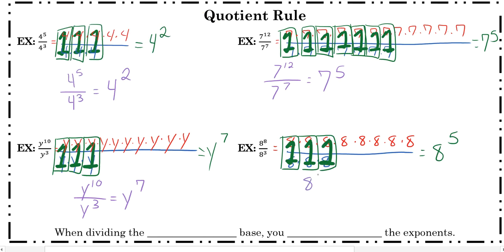So we would say that 8 to the 8th divided by 8 to the 3rd is equal to 8 to the 5th.